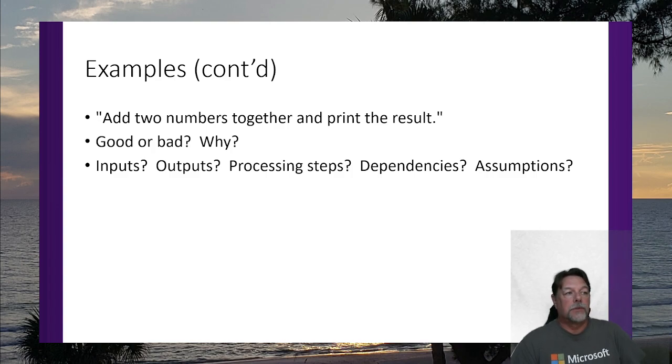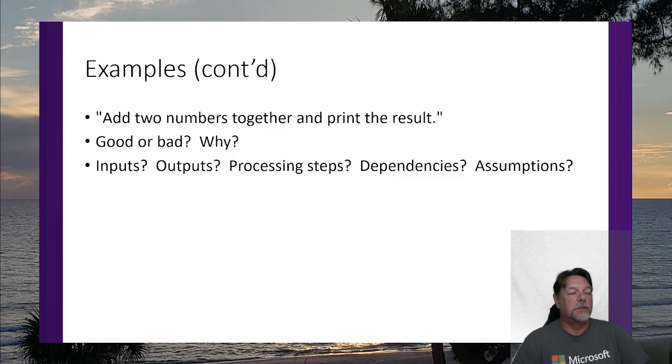Okay, the outputs. It says print the result. Okay, so it says add two numbers together. Is the sum of those two numbers the result? We can probably infer that from this problem statement, but boy, it would be nice if it was clarified. The processing steps required. Well, it did say add the two numbers together, so it looks like we did get that information.